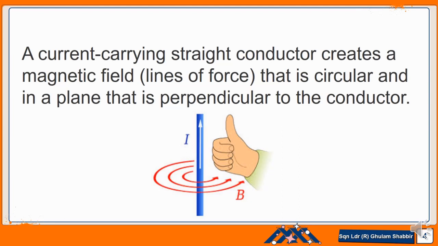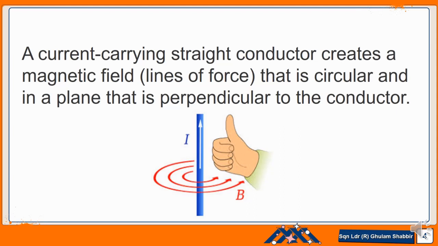If the current is passing through the conductor, like the blue line is a conducting wire, and the direction of the current is represented by the thumb arrow, then the magnetic field lines are in a circular position in red color, which is showing B, magnetic field strength. So it means the magnetic field is produced around the current carrying conductor.